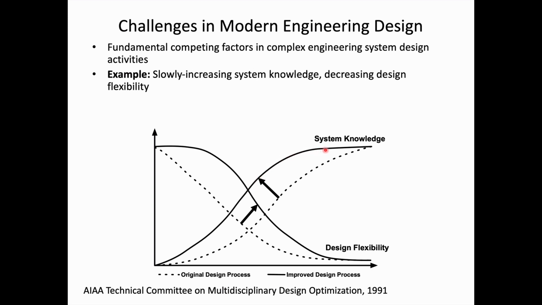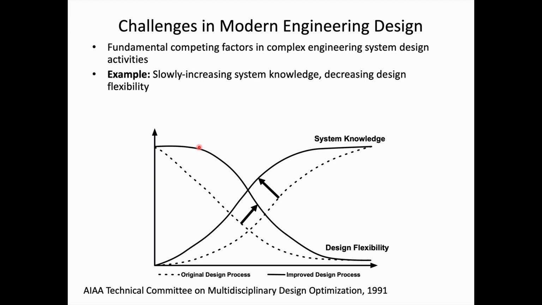The other element here is design flexibility. At the beginning of the design process, we have lots of design flexibility. We have lots of options at our disposal. We're not as locked in. But as we proceed through this design process, we start to make decisions. Maybe we can reverse some of those decisions, but usually there's a cost involved with reversing them.